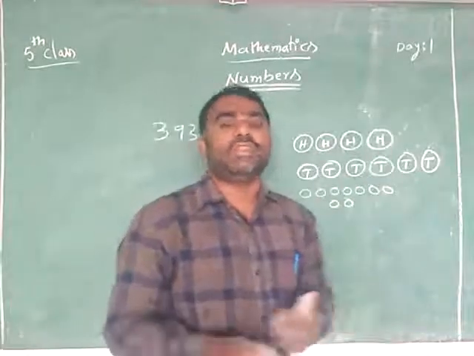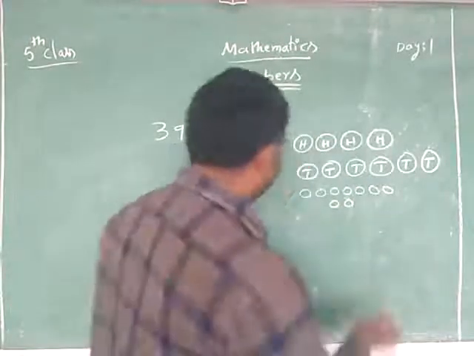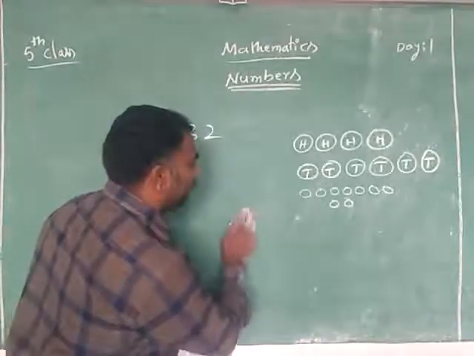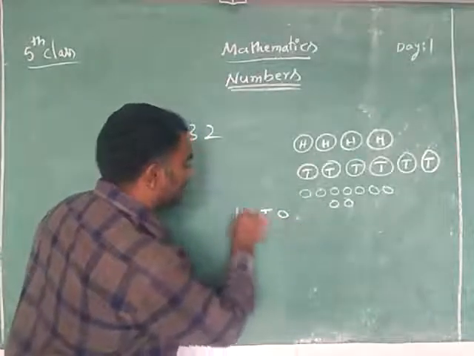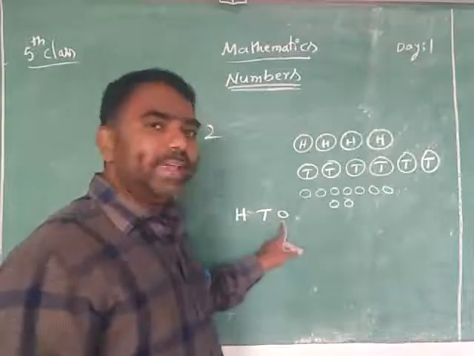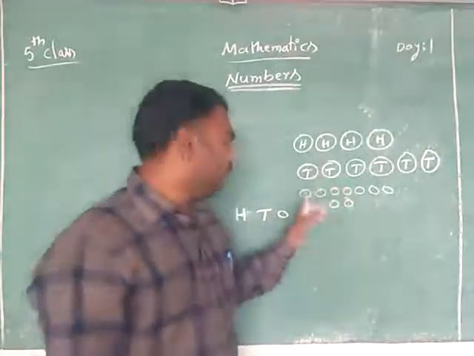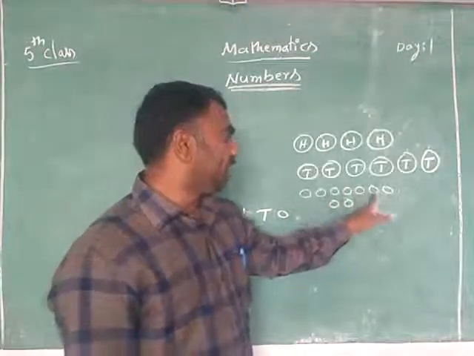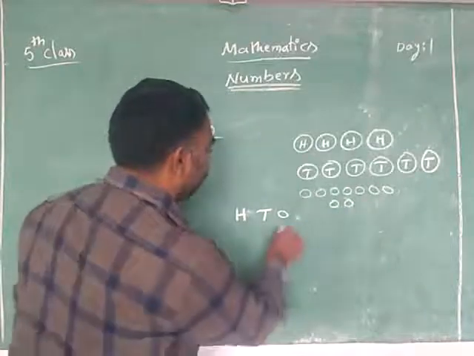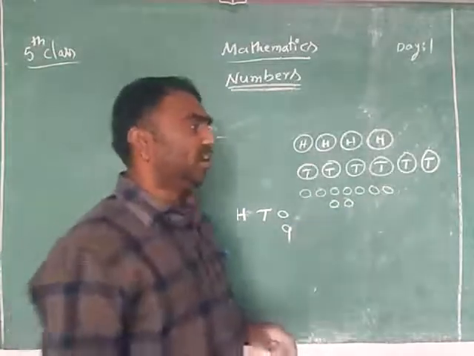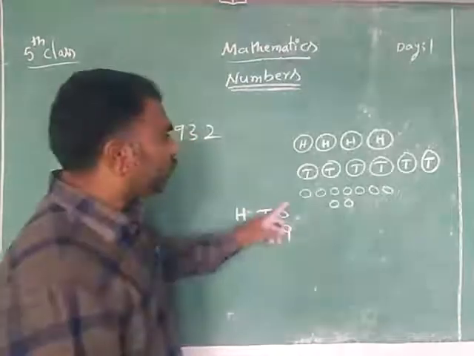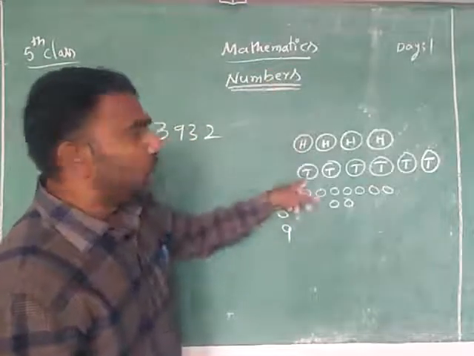So how do you write the 469? We have to write like this: ones place, tens place, hundreds place. In the ones place, how many ones are there? 1, 2, 3, 4, 5, 6, 7, 8, 9. So that's why 9 chocolates are there. The next one, tens.